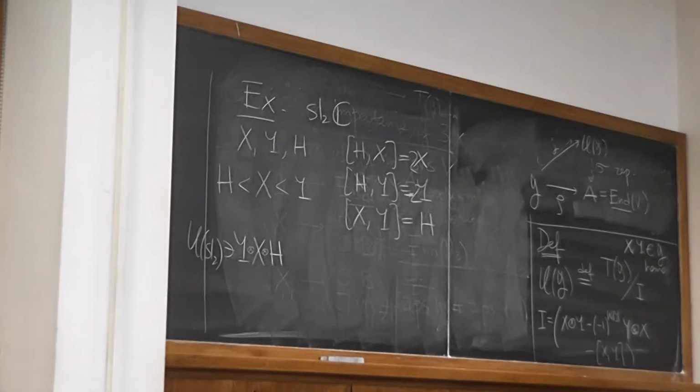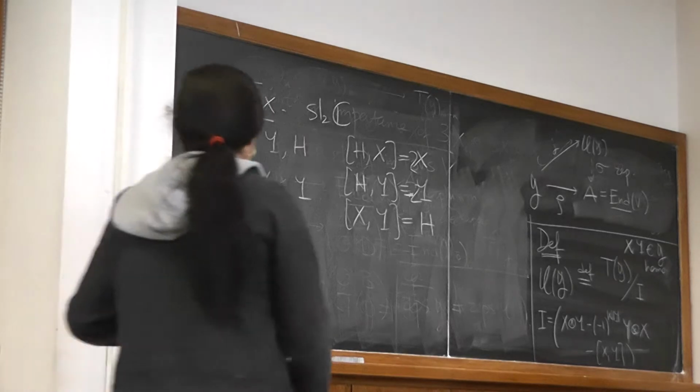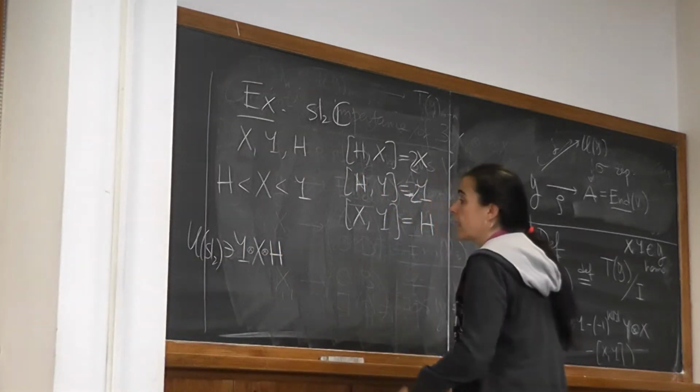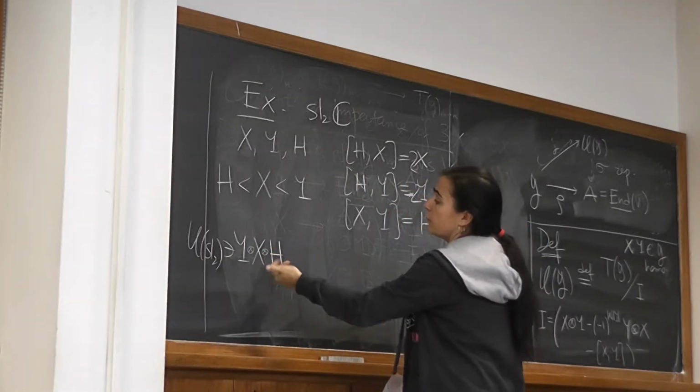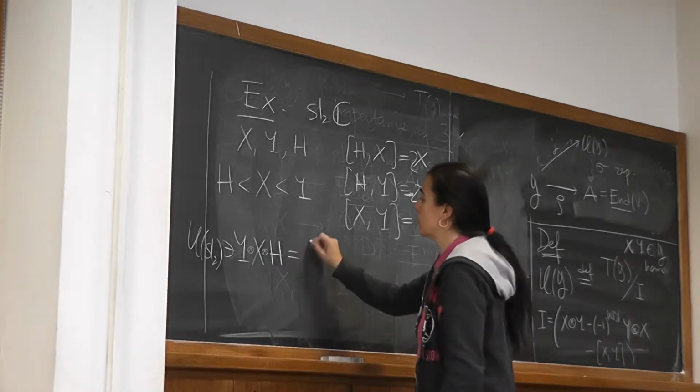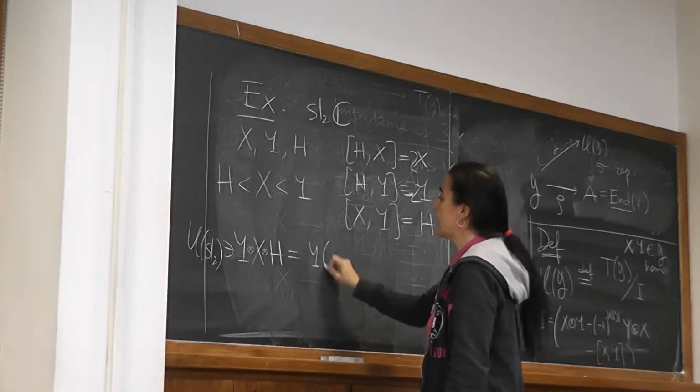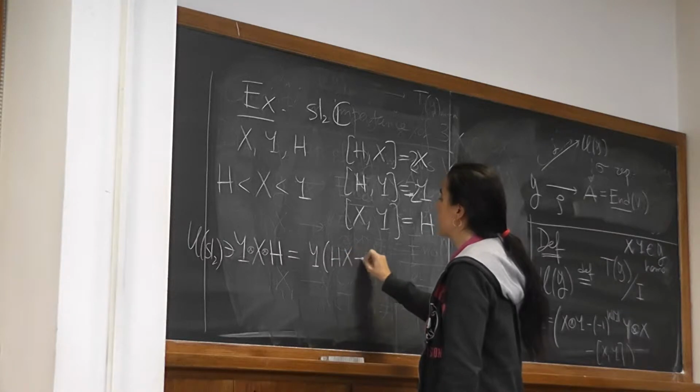Which means that any element that is not in this form can be written as linear combination of elements in this form. What do I do? I have to reorder this. So for example, let us say I reorder first h, which is simpler, so it is y, and then here I write hx.